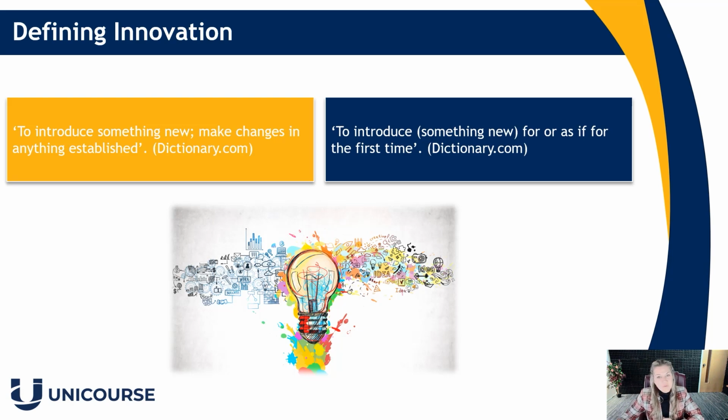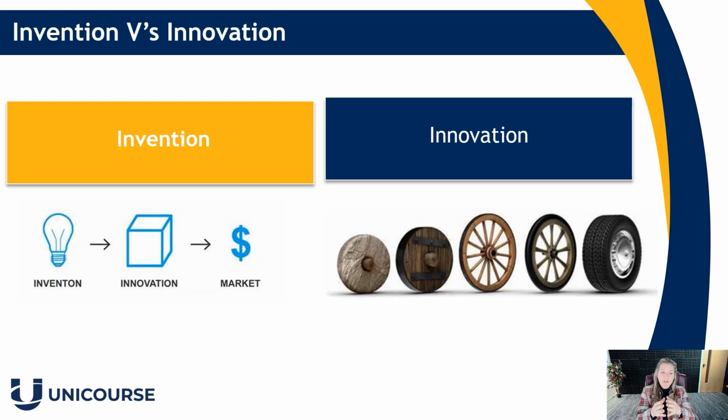And there is a difference between invention and innovation. I think this is important to distinguish quite early on because people can often get mixed up between the difference between innovation and invention. Invention is defined as the creation of a product or the introduction of a process for the first time.